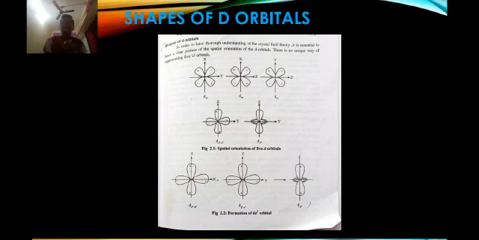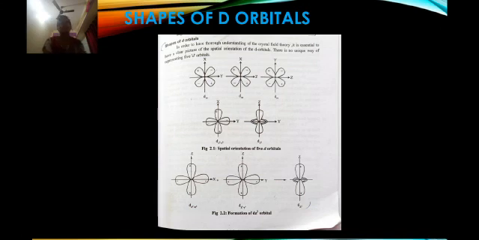But in the case of dx square minus y square, electron density is not present in between. Electron density is present along the x axis and y axis. Electron density is exactly on the principal axis.